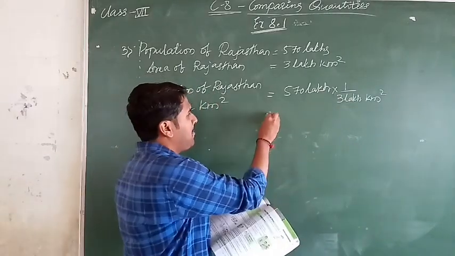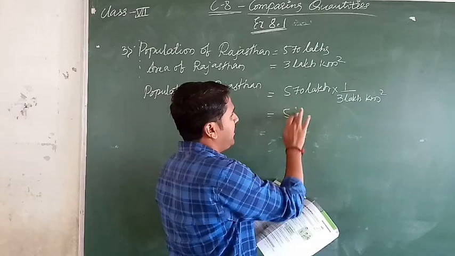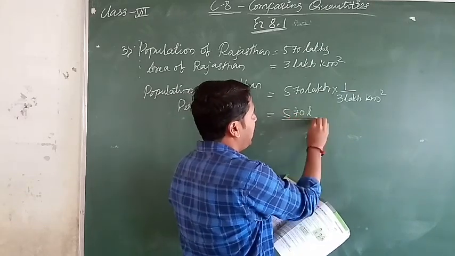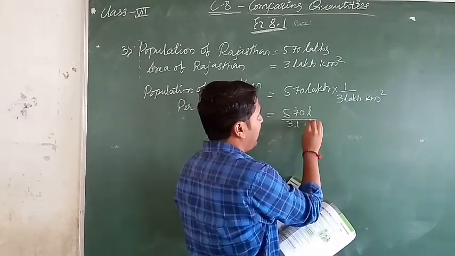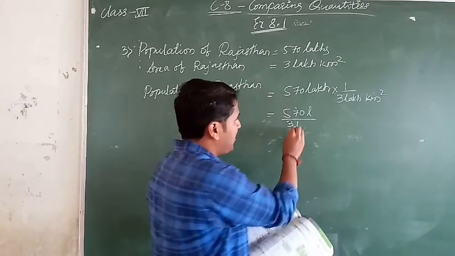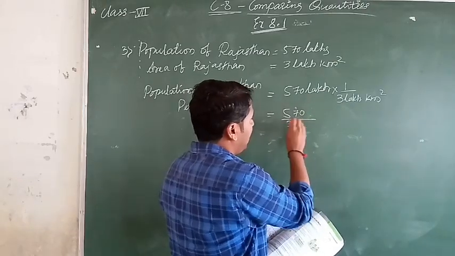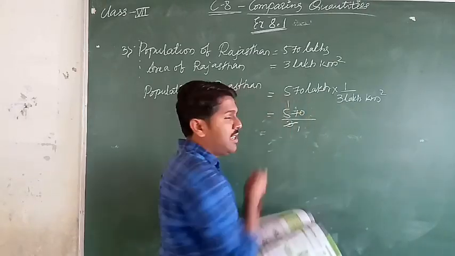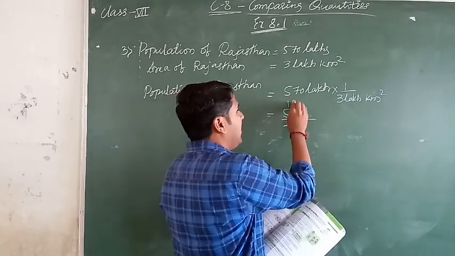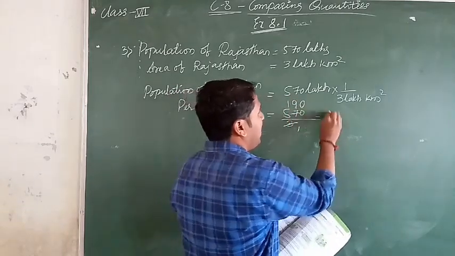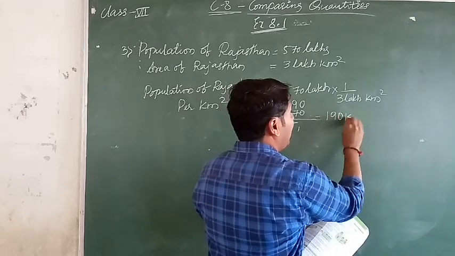Write down 570 lakh divided by 3 lakh kilometer square. 3 ones are 3, 2 remains, 27; 3 nines are 27, 0. So we will get 190.